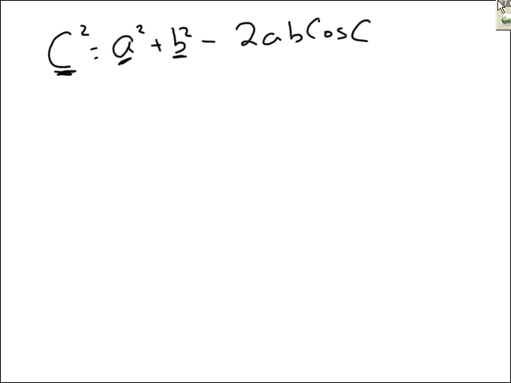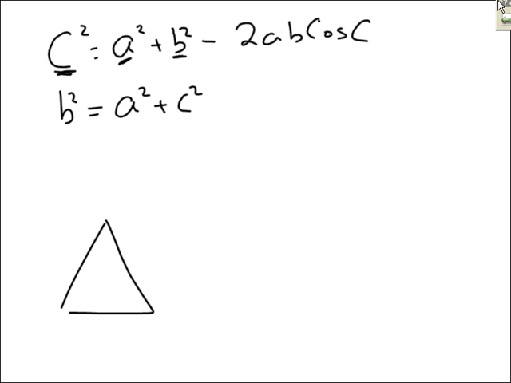Now, c squared didn't have to be on the left. I could have had b squared on the left. But here I have a squared plus c squared. Remember when I had my triangle, I drew the line that way? I could have drawn it this way, and that would have just switched the letters around.